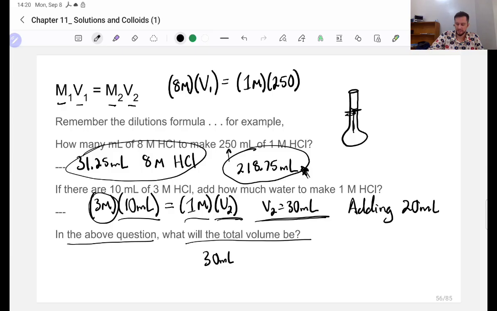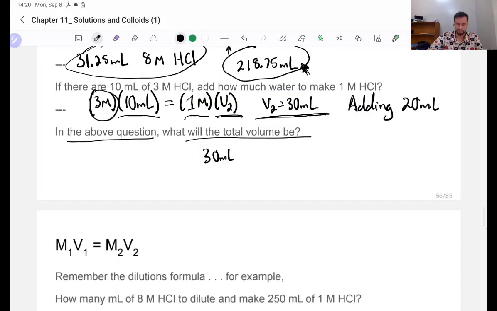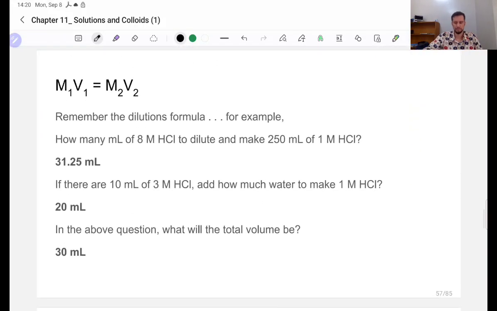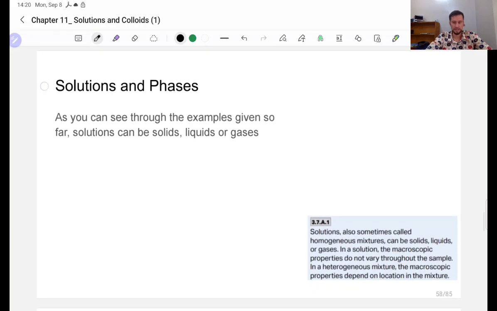And so the final volume is 30 milliliters, but the difference in volume added is 20. So hopefully that makes sense. Using that formula, we'll have some practice problems and let me know if you are confused.